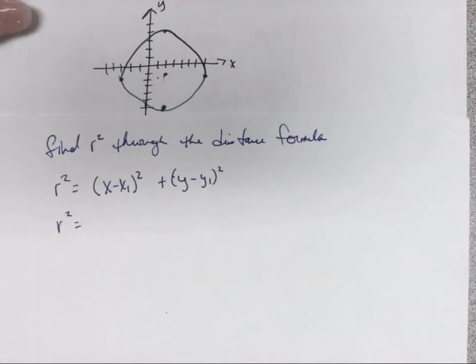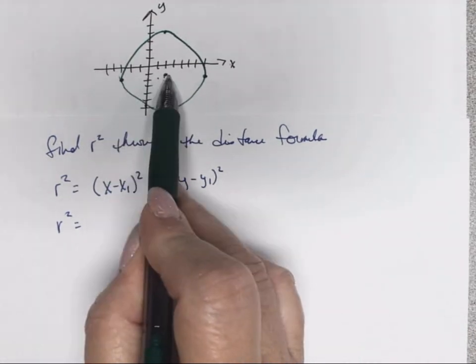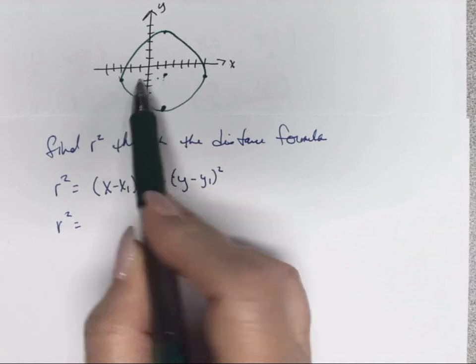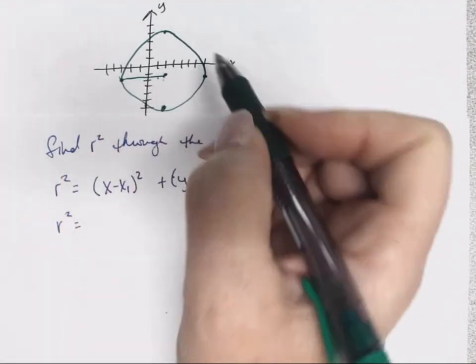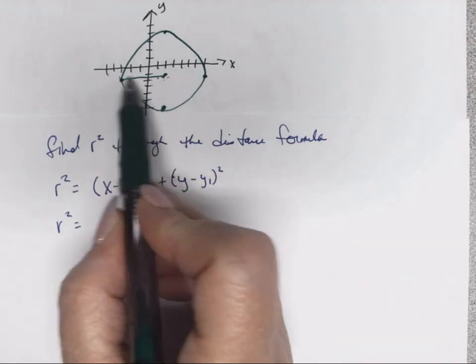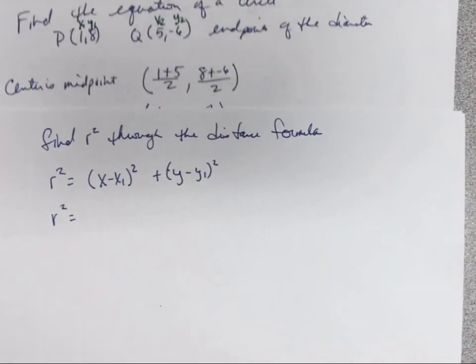If we're looking for just r, because we did find the center already, we can find the distance just from here to here, because that would be the radius right there. So instead of finding the whole distance between the two and then having to divide, we'll just find the distance right there, because that is our radius.